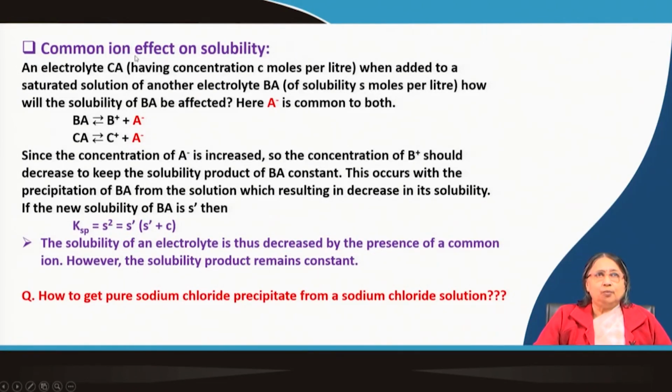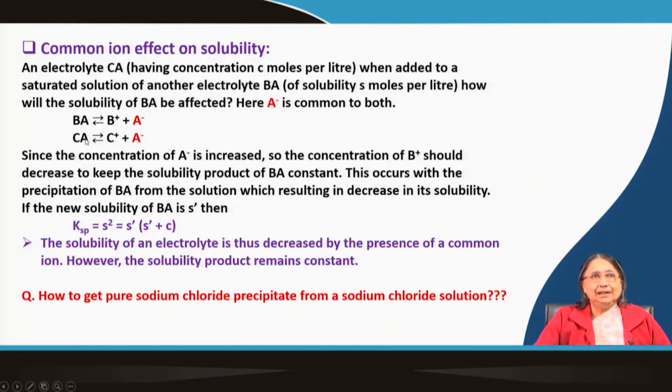Now, this is the common ion effect on solubility, which is very important. Say, for example, we have an electrolyte BA whose solubility is S moles per liter, which will give B plus and A minus. Now, there is another electrolyte, say CA.